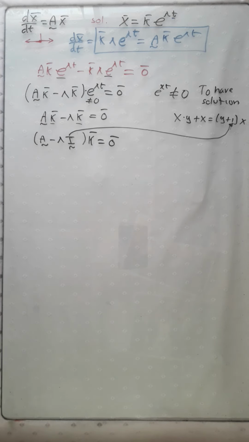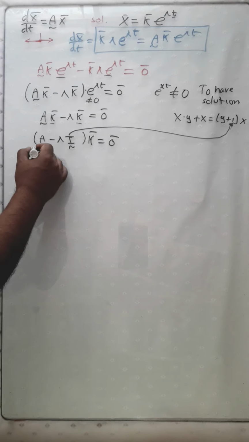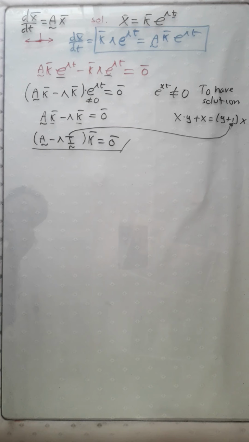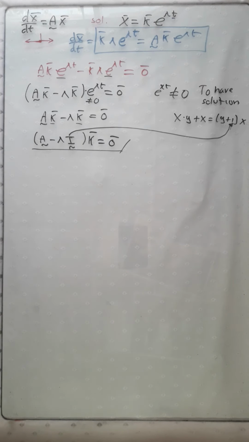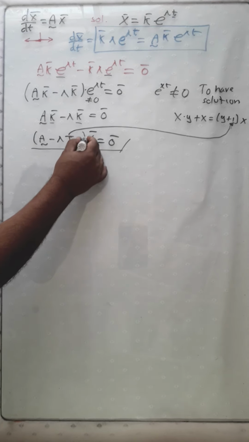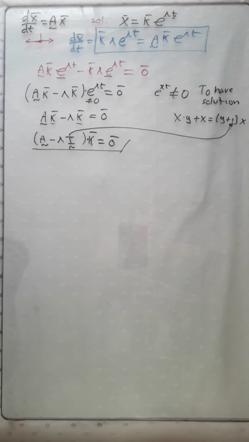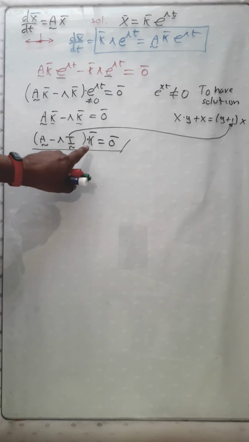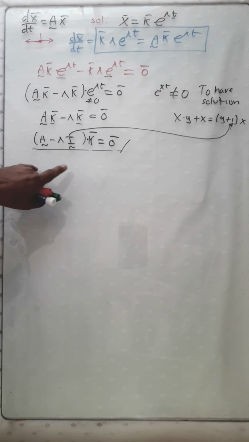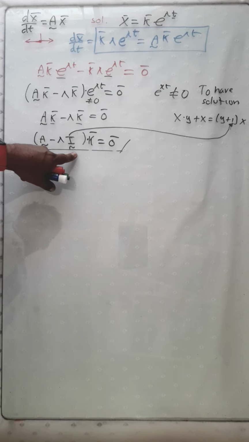Okay, now what we have to find is this system of equations, because it is a system of equations. Okay, now, because again we have a multiplication here, we have two options. Either the k vector is equal to 0 or this matrix is equal to 0.